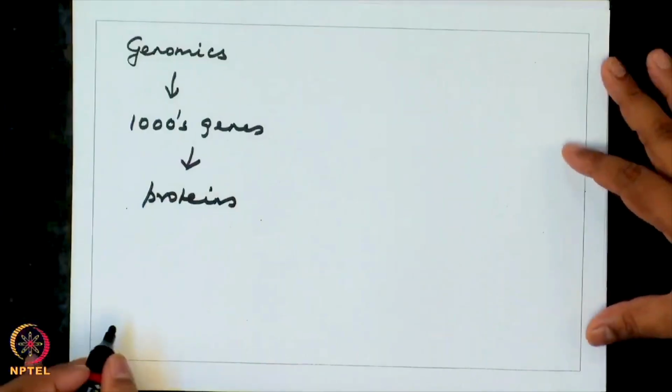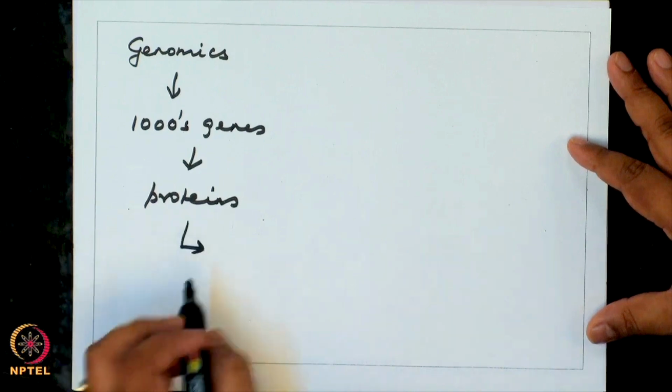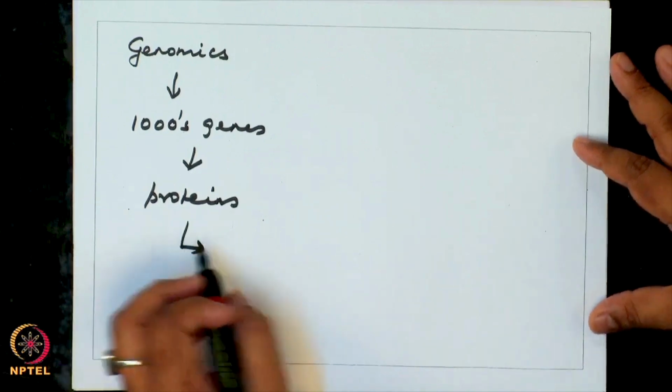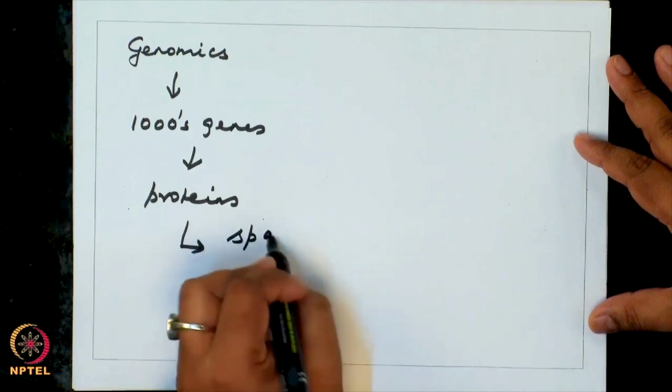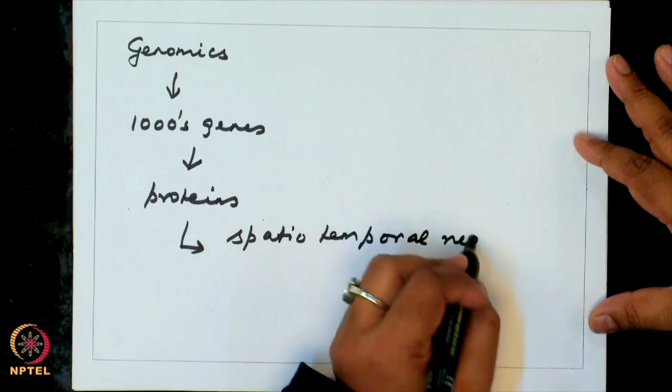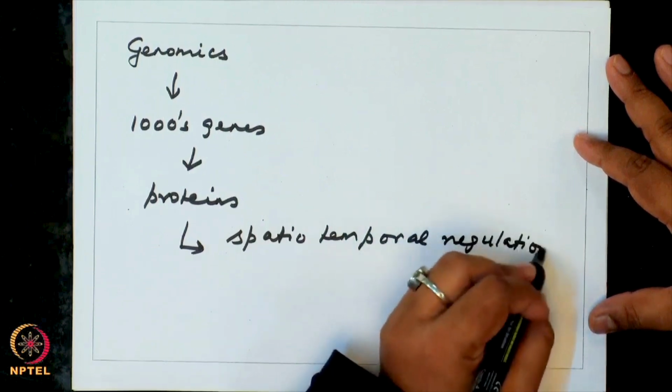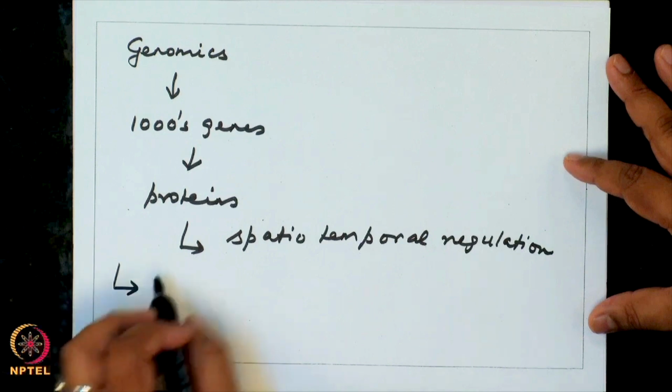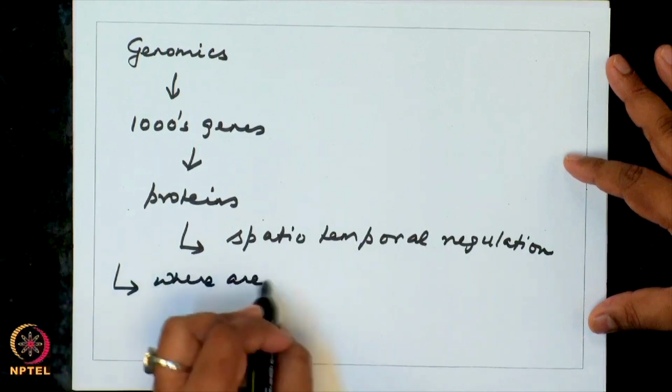Since the dawn of genomics, you have access to information about thousands of genes, which encode for proteins, but these proteins are not always present in cells, and you have a spatiotemporal regulation. So, where they exist, where are they localized?